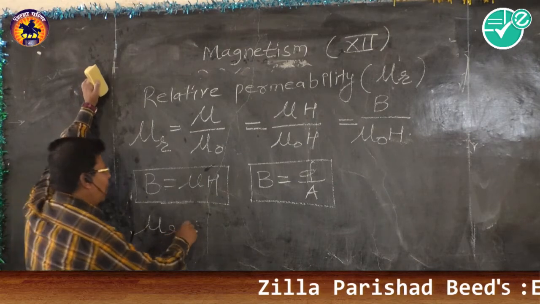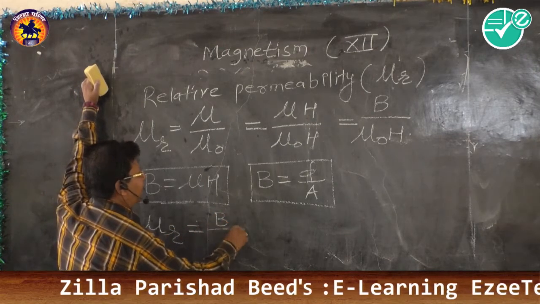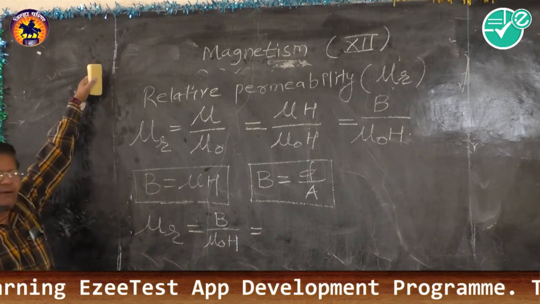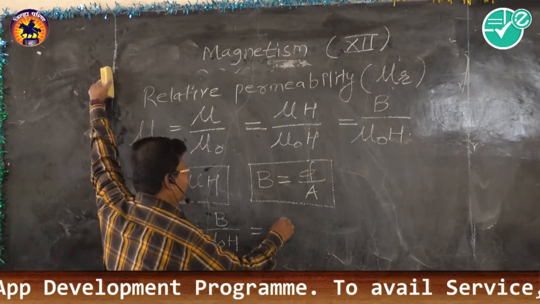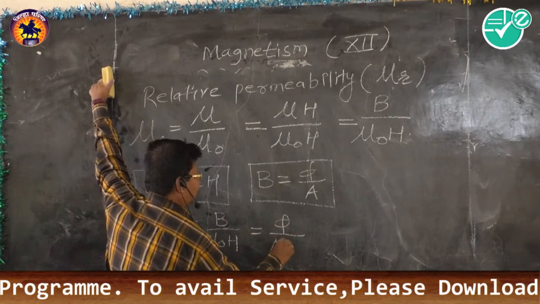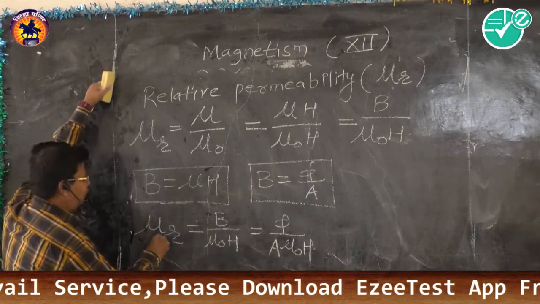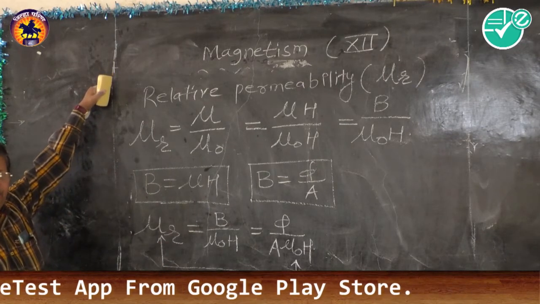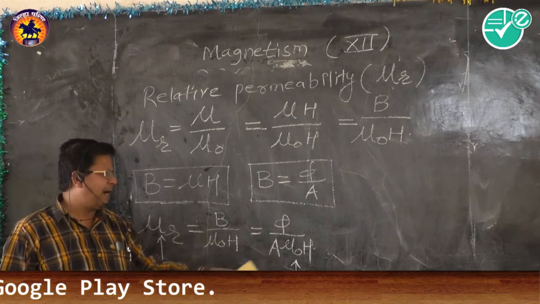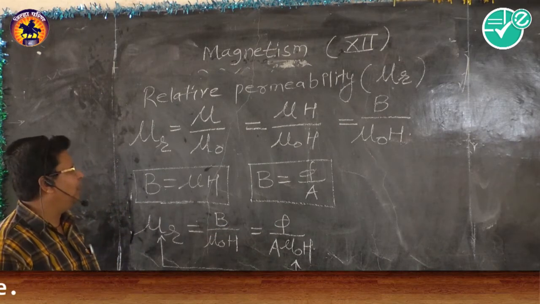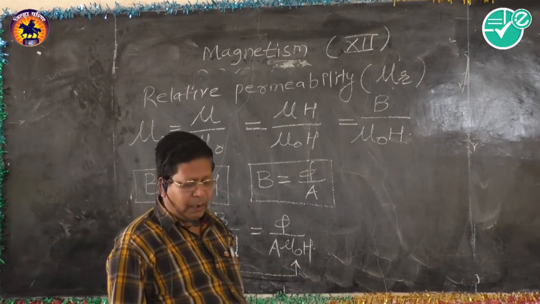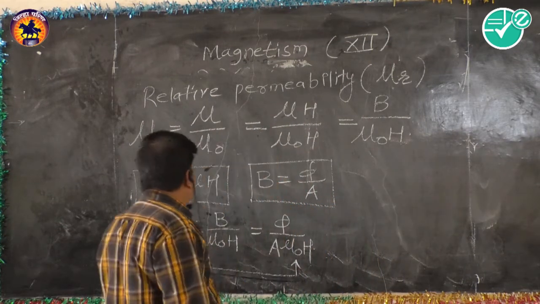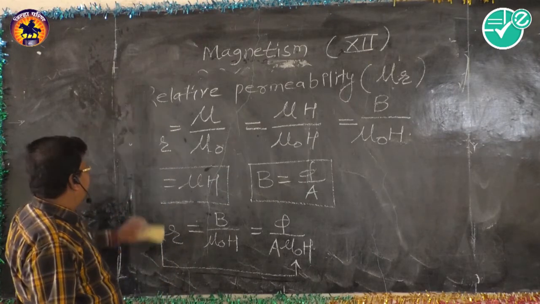Mu r is equal to B divided by mu 0 into H, but the value of B is phi by A. Therefore, the new formula for relative permeability is phi divided by A into mu 0 into H. Regarding this formula, many numericals will be taken later.